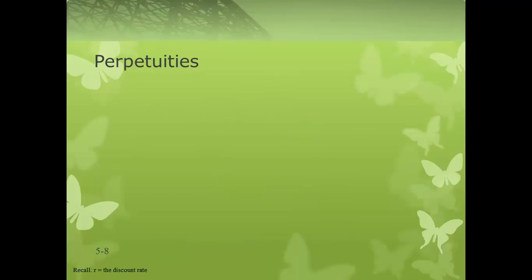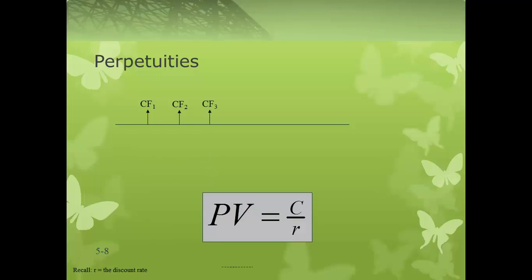Now let's talk about perpetuities. A perpetuity is a stream of cash flows starting from time t equals 1, 2, 3, and so on, through some cash flow n. Since it's a perpetuity, it goes on to infinity.